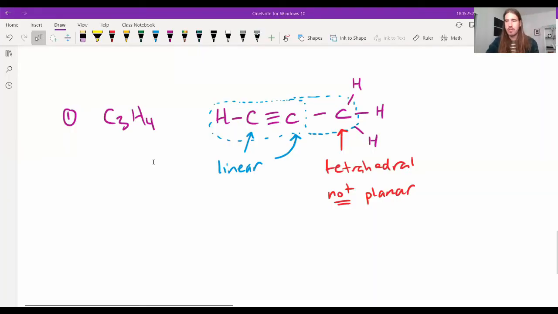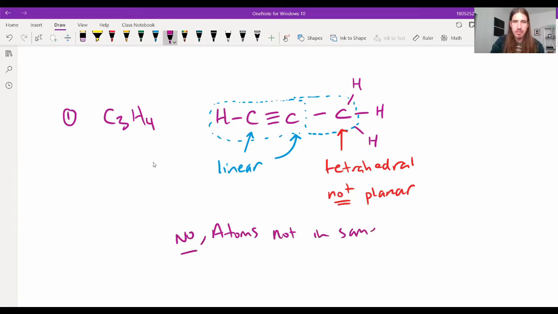So obviously these hydrogens are breaking the plane, 3-dimensional, and therefore all 7 atoms are not in the same plane, and they could never be in the same plane even with rotation. Okay, so for this one, the answer is no, atoms not in same plane.